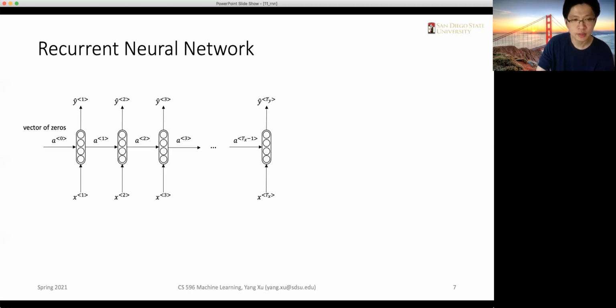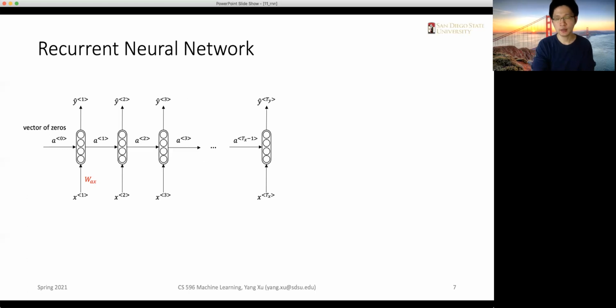Because this is a neural network, and the computation done at each time step is not very different from a regular neural network, we will require a weight matrix, WAX.